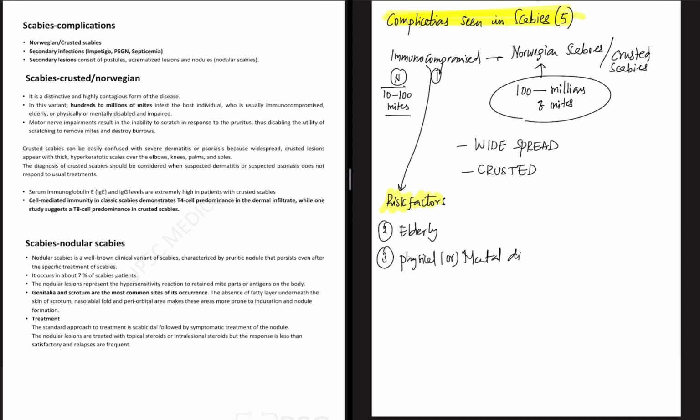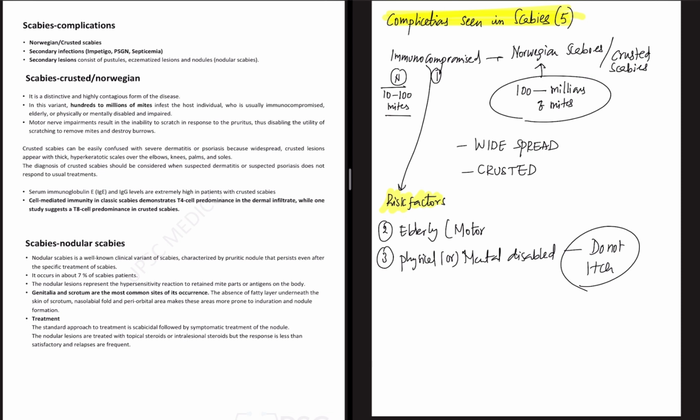The problem in mentally disabled patients is that they do not itch. Itching is actually protective. When you itch, the fingernails remove the mites from the lesions.